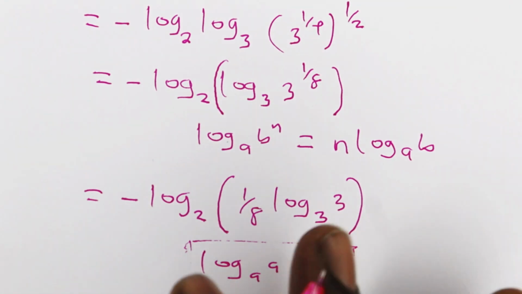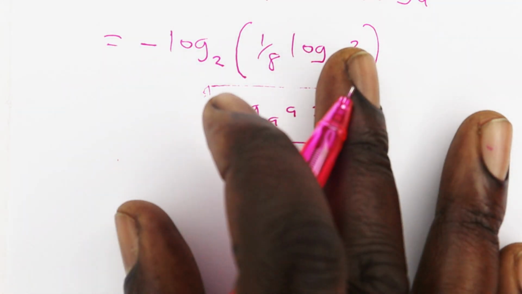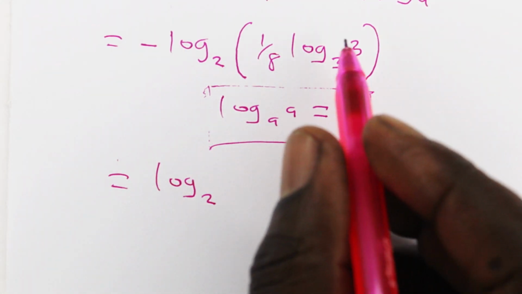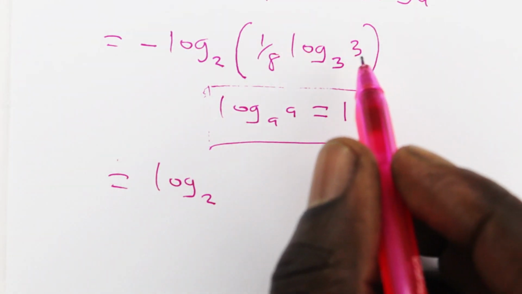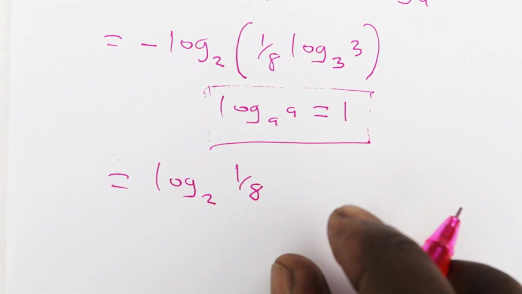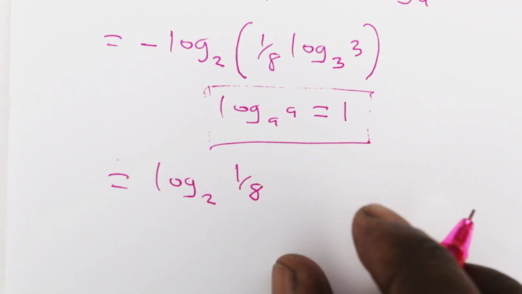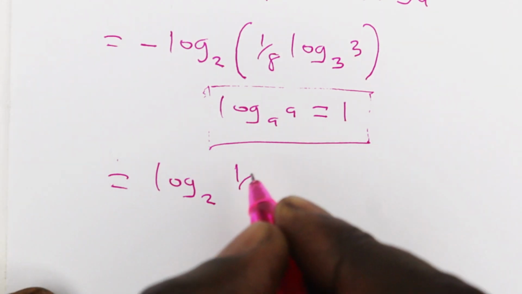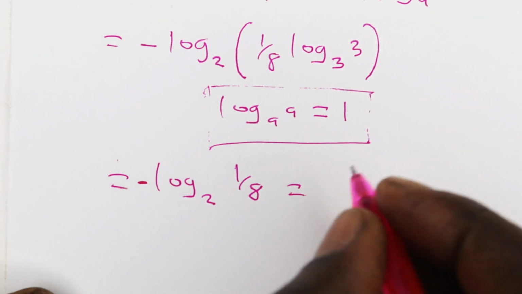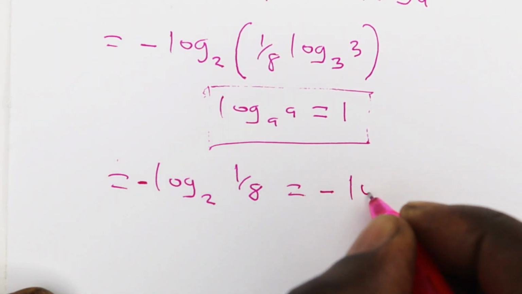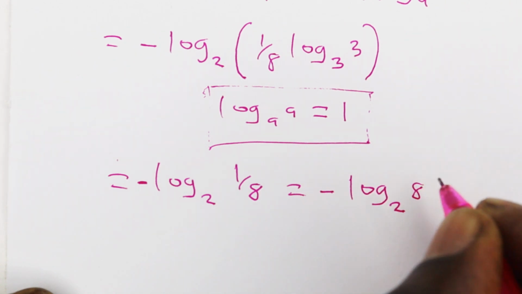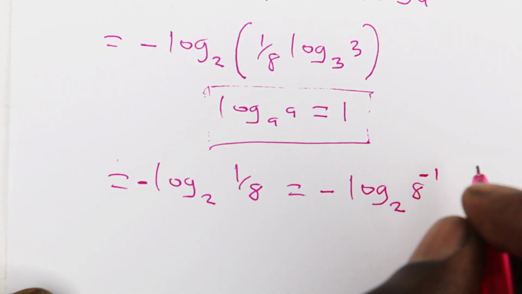So what we are left with is actually negative log to base 2 of 1 over 8, because this is 1. So you have 1 over 8 times 1, which is just 1 over 8. And you can use the laws of indices to write this as, remember there's a negative here, negative log to base 2 of 8 raised to power negative 1.